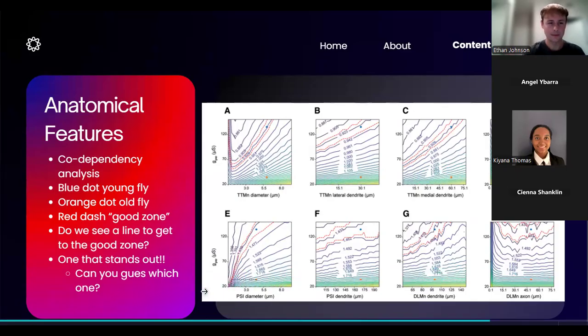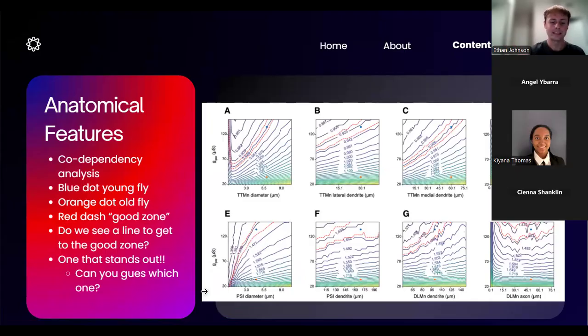So what does that mean? That means that if you were to change the PSI diameter of these old fruit flies, you could restore their escape response latency back to their younger selves. So it's kind of like you're almost reversing their aging in a sense.